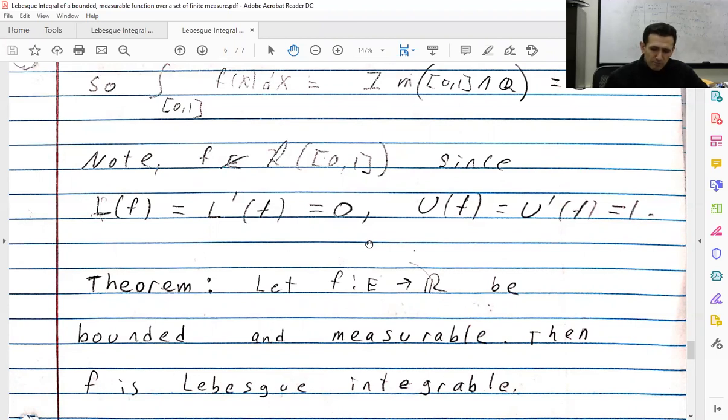So particularly if we have the pointwise limit of uniformly bounded functions, then that's going to be also bounded. It's going to be measurable. So the pointwise limit of uniformly bounded measurable functions is going to be Lebesgue integrable. Okay.